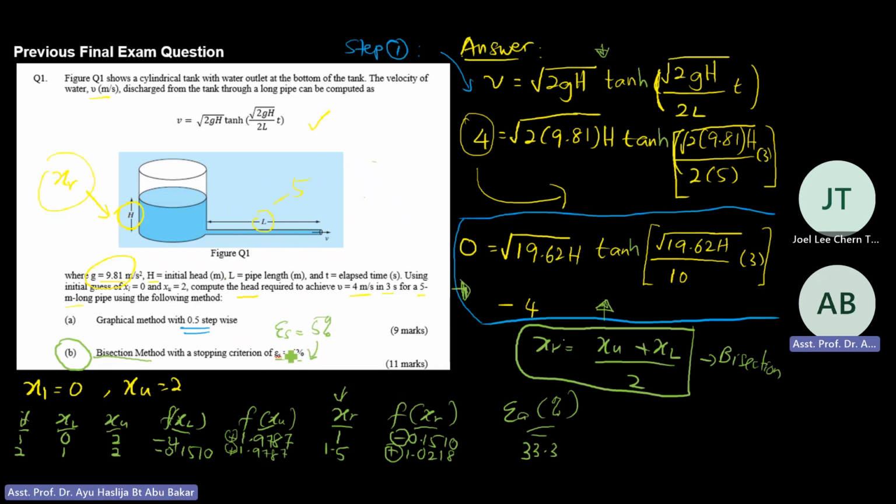Question 1: proceed until EA is below 5. Repeat the same step.